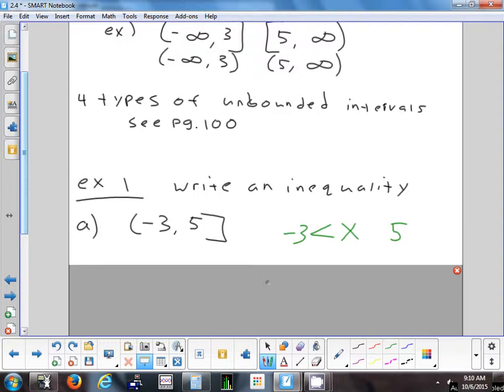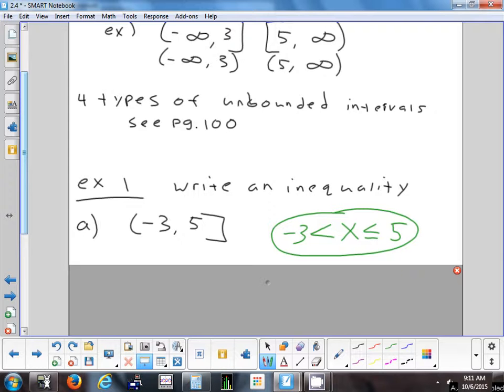All right, here's a hint. When you write an inequality like this, both of them have to point the same way. Less than or equal to. Yeah. You can't have one pointing one way and one pointing the other. So this says you can pick all numbers that are greater than -3, and the number also has to be less than or equal to 5.